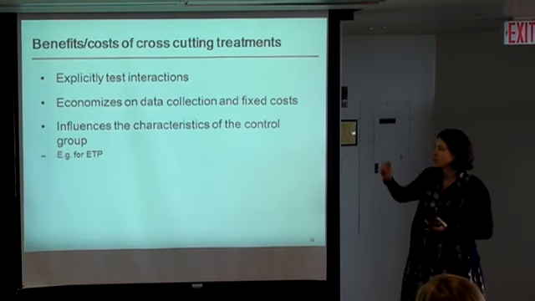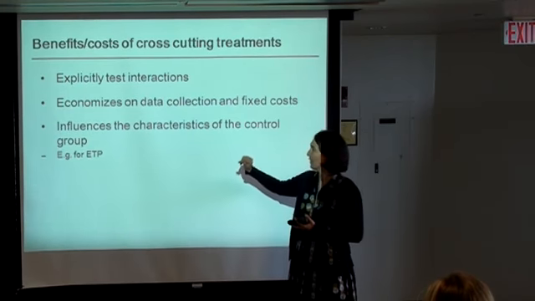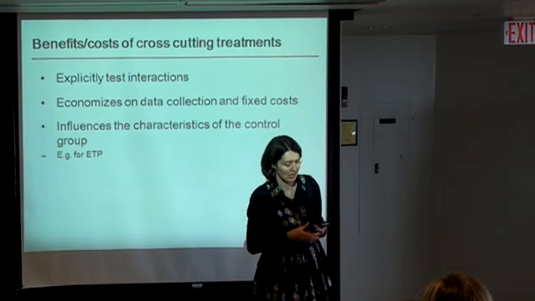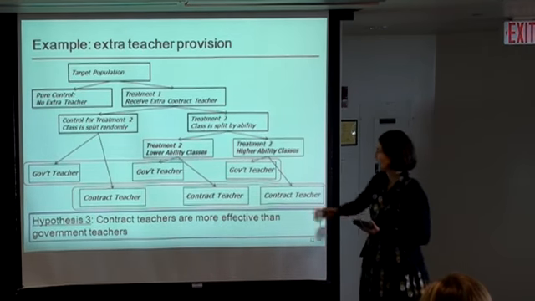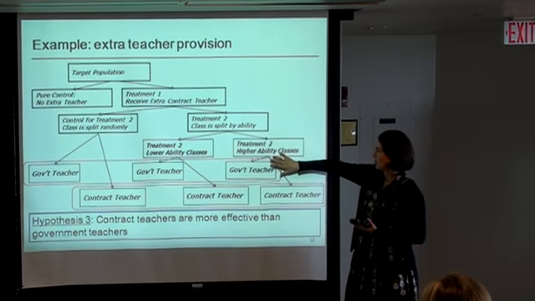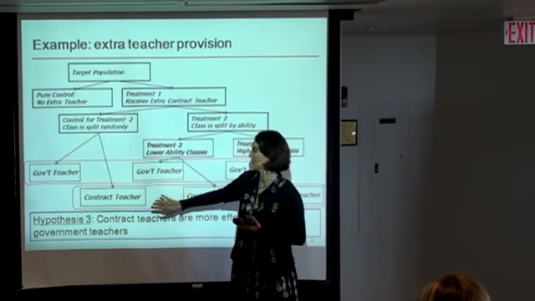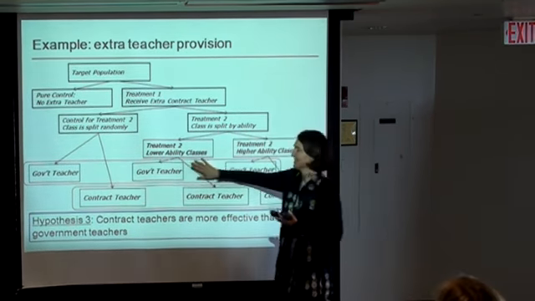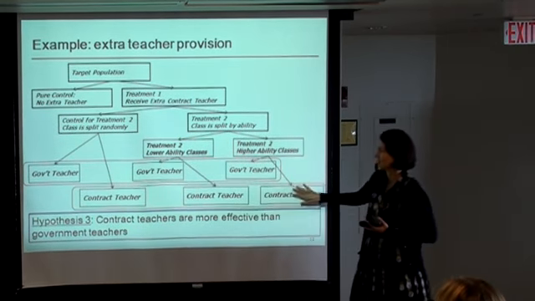So the problem is that when you've got a cross-cutting design, so a cross-cutting is this, where we're looking at government teachers versus contract teachers across these different groups.